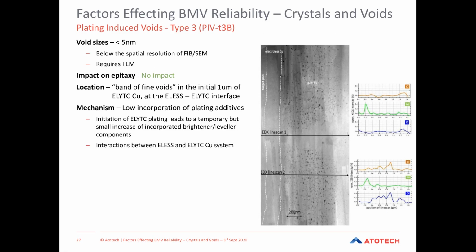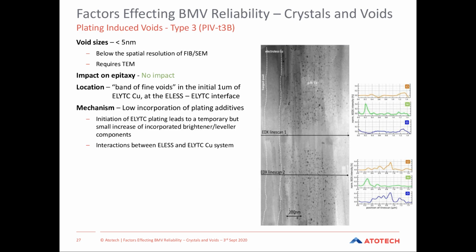Moving on to the final types, and this is where we now start looking at defects occurring within the electrolytic layers. What we found in this case was bottom-up recrystallization through the electroless layer, and then a band of voiding occurring within the first half micron of the electrolytic layer itself.